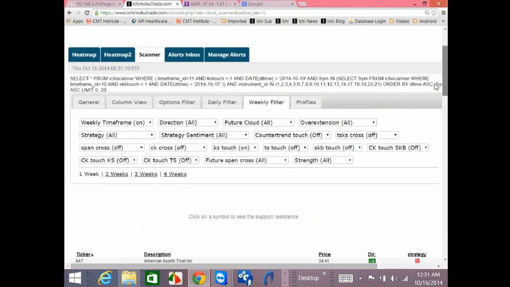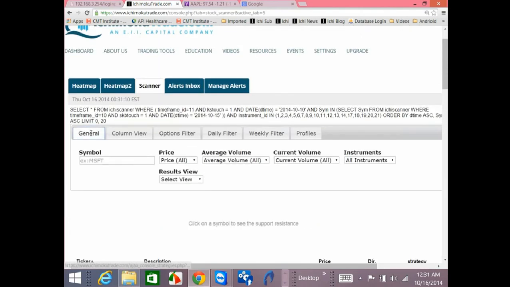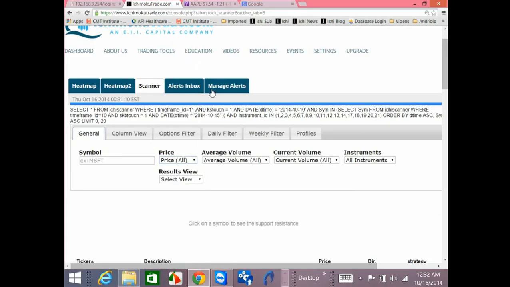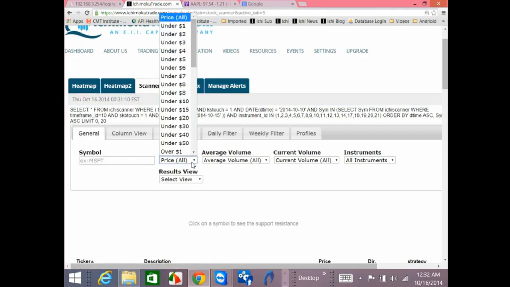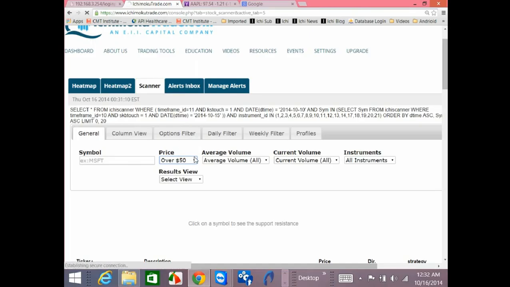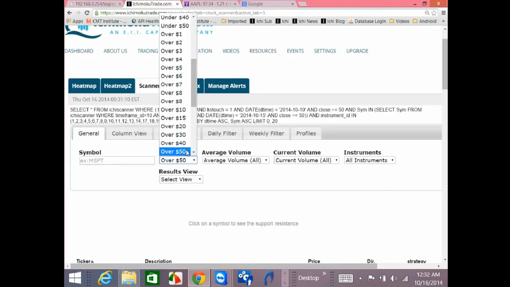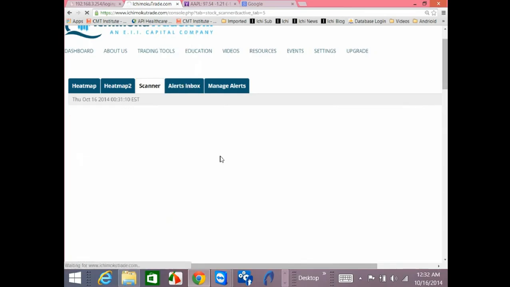You see it? And now what are we going to do? We want to make sure we go what? Price above what? Price, fat fingers today. Price above 40.